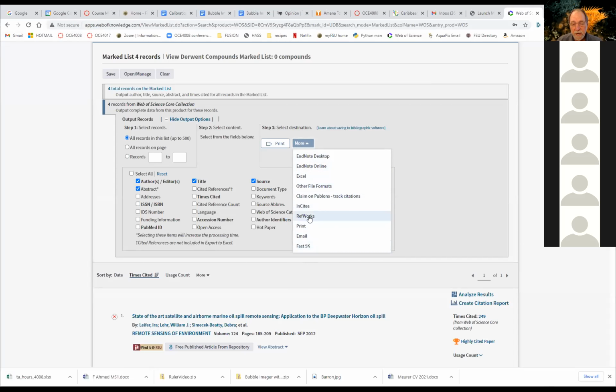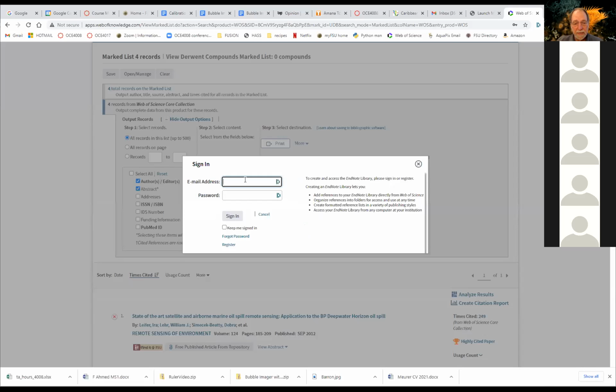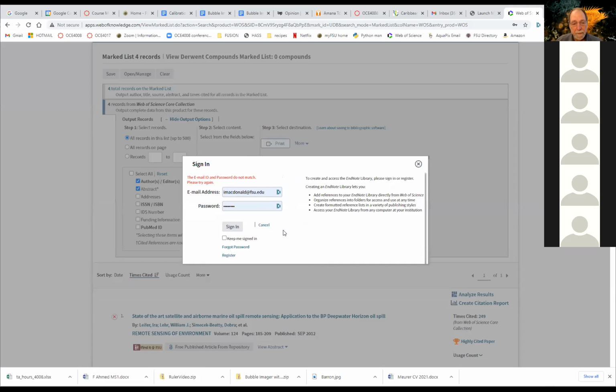And so these things like RefWorks, InCites, and EndNote, these are all ways of exporting your findings to bibliographic software that will let you easily embed these things. And so EndNote Online, let's see if it works.